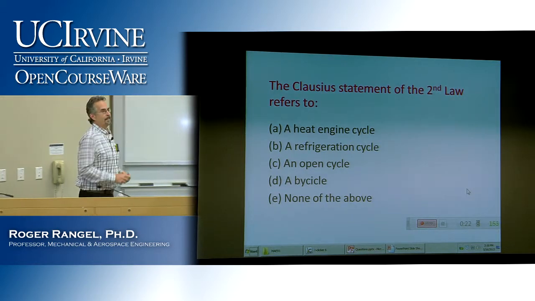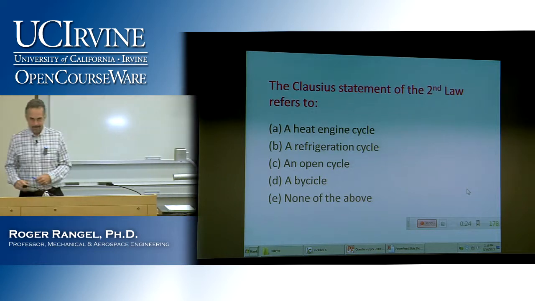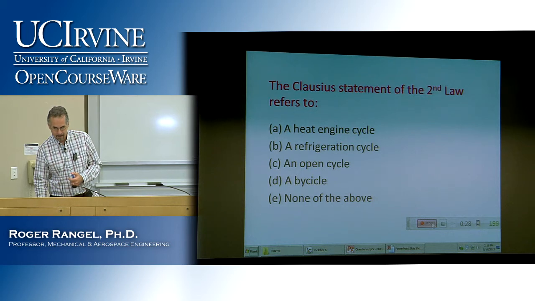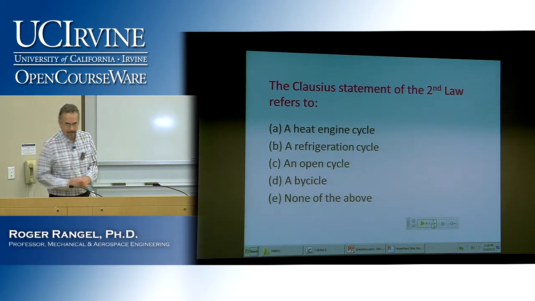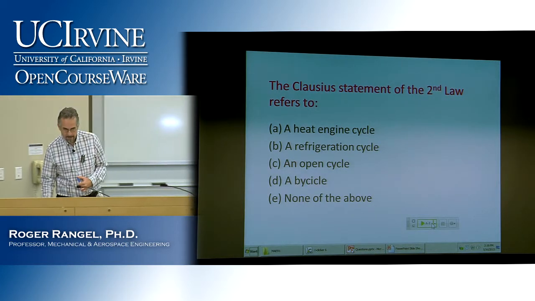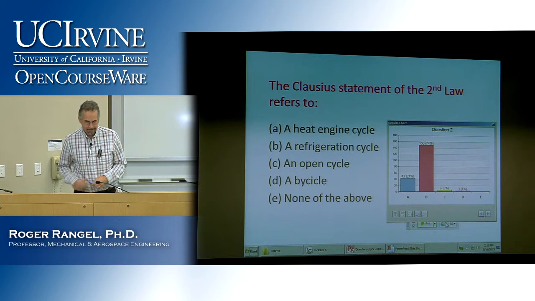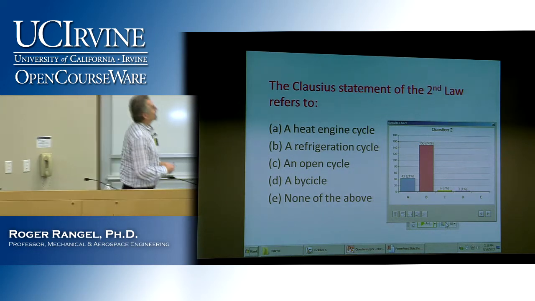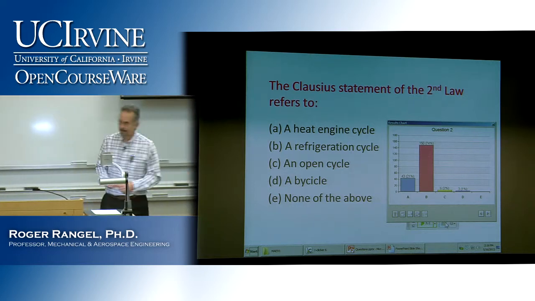Okay, so 5, 4, 3, 2, 1, 0. We have 2 more people this time. We have 202. Okay, who said a bicycle? 3 of you did. Okay, so no, it is not a bicycle.